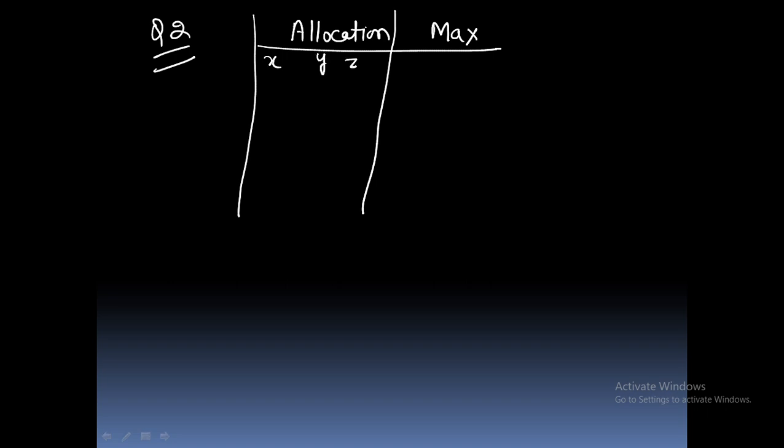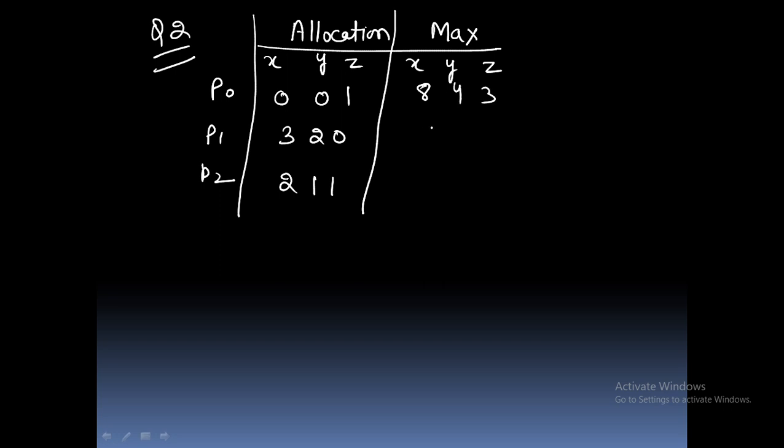X, Y, Z. X, Y, Z. P0, P1, P2. 0, 0, 1, 3, 2, 0, 2, 1, 1. 8, 4, 3, 6, 2, 0, 3, 3, 3. This is the given allocation and maximum resources.